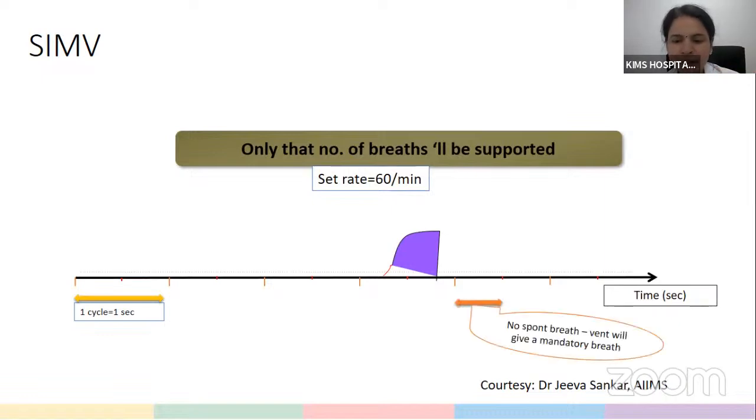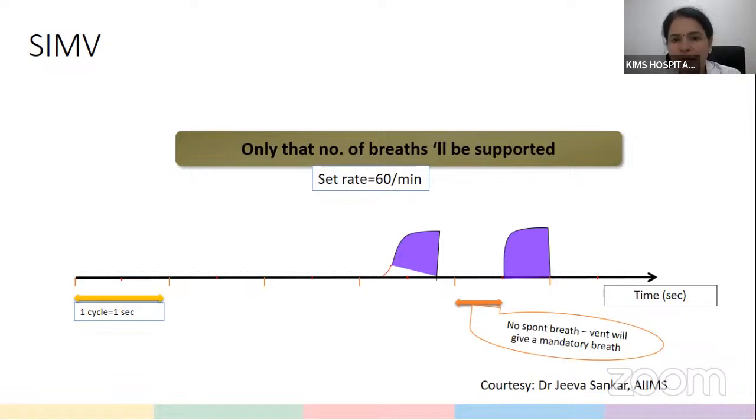Now, supposing the baby did not breathe spontaneously in the first half of the respiratory cycle, that is in the first 0.5 second of a certain cycle, then the ventilator delivers a mandatory breath in the second half. So this is how typically SIMV functions. If the baby initiates a spontaneous breath in the first half of the cycle, that will be supported by the ventilator. If not, the ventilator will deliver a mandatory breath in the second half of the cycle.